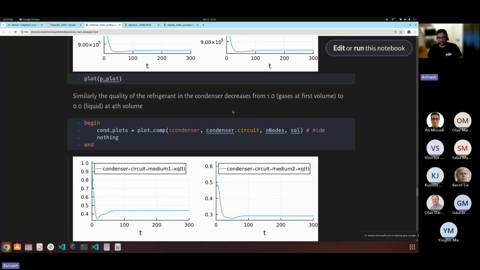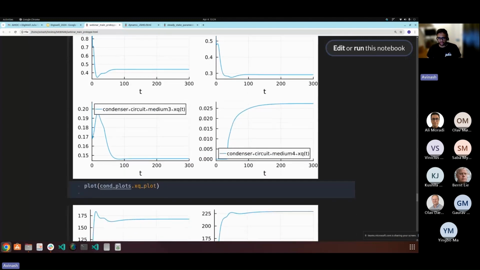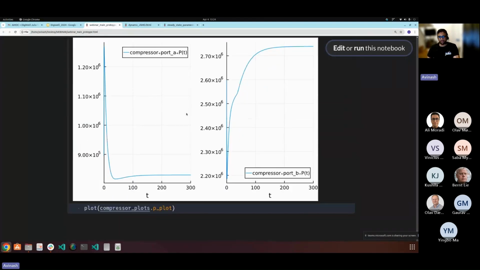And you can query all these parameters. And we see during condensation, you have a decrease in the quality, from gas to liquid. So yeah, you can plot all these things.